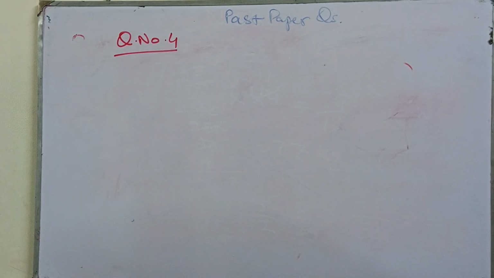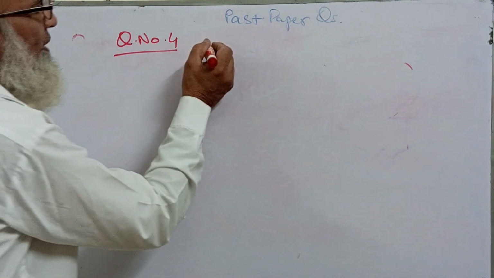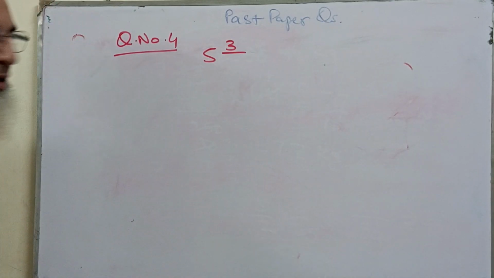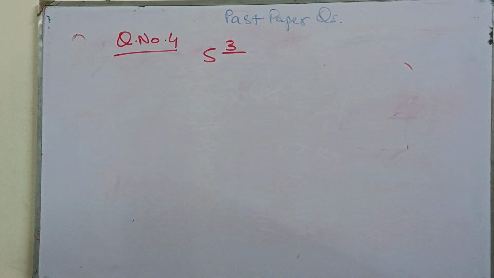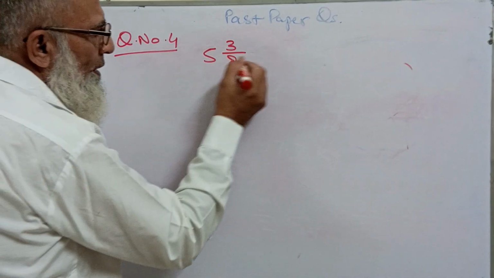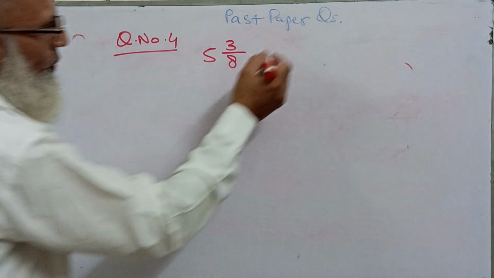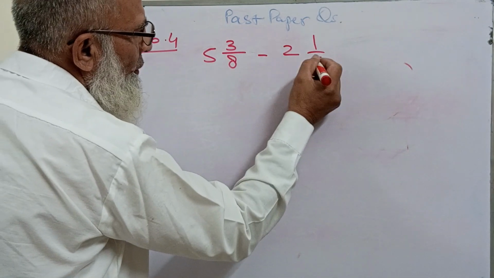The question is self-explanatory: 5 whole 3 upon 8 minus 2 whole 1 upon 5.